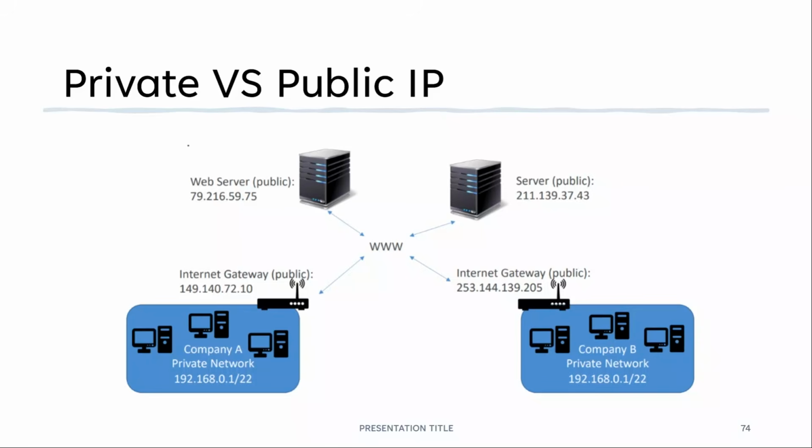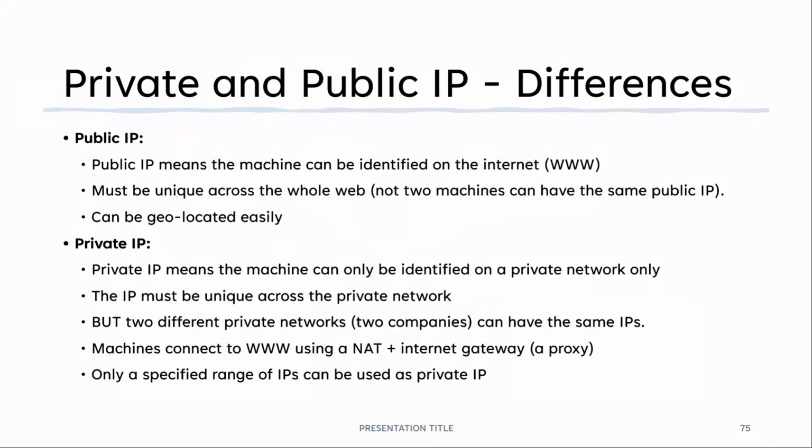They cannot communicate publicly. So if there is a device which needs to be communicated with publicly, you need to assign a public IPv4 address, right? That's what we said. Private IP means the machine can be identified on a private network only. But two different private networks, two companies, can have the same IPs.